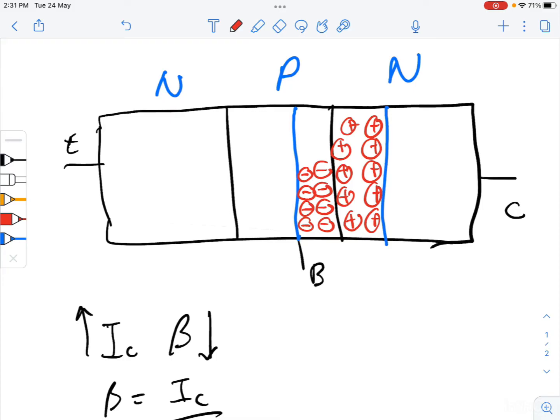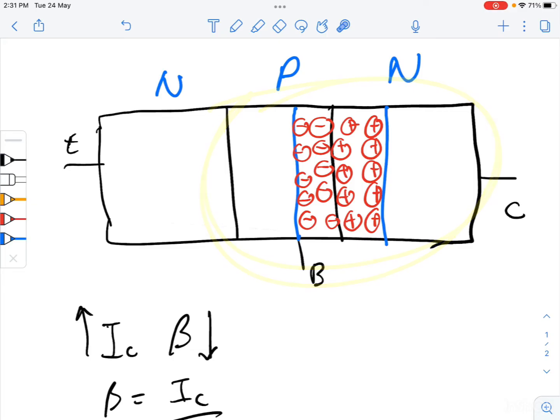So 1, 2, 3, 4, 5 on each side. So this is how it looks. I will not draw the depletion region over here because it doesn't concern us. The Kirk effect mostly happens in this area.